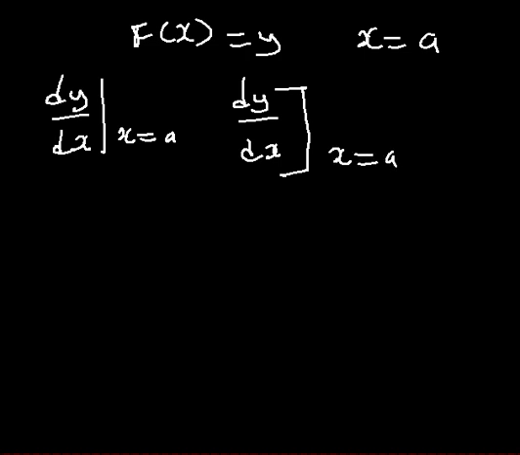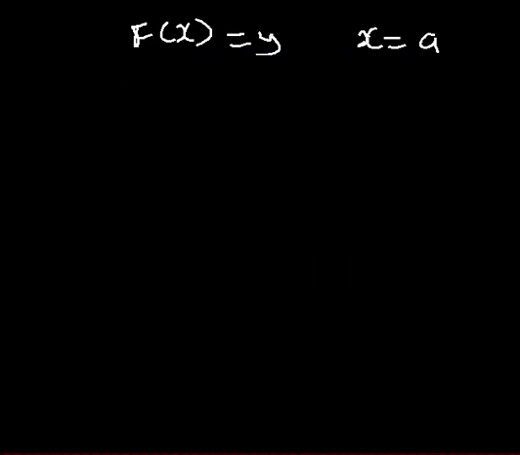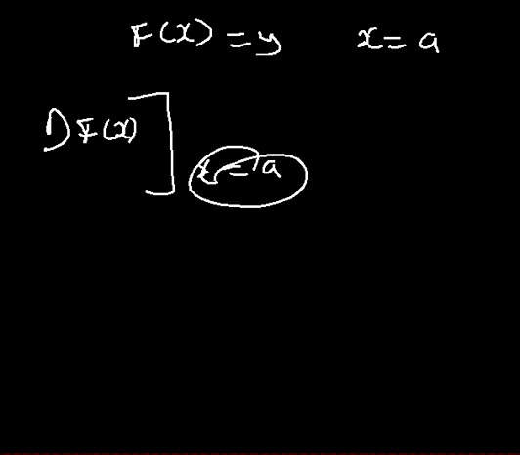That is another good notation that you can use. Likewise, you can also have D of f of x with x is equal to a. That is the derivative of the function, where we have to evaluate at x equal to a.